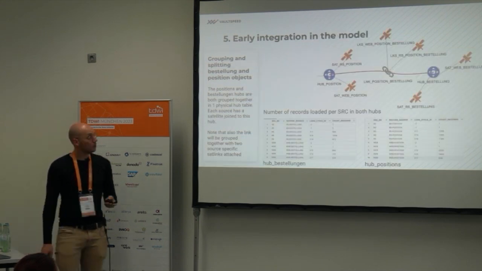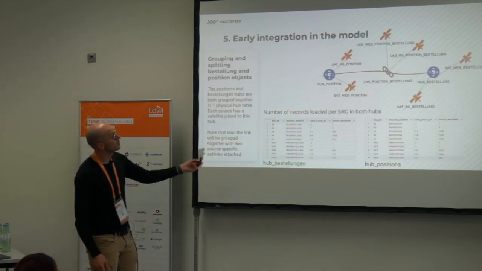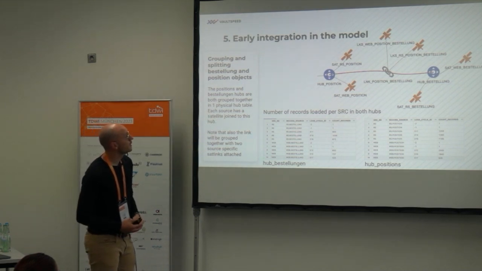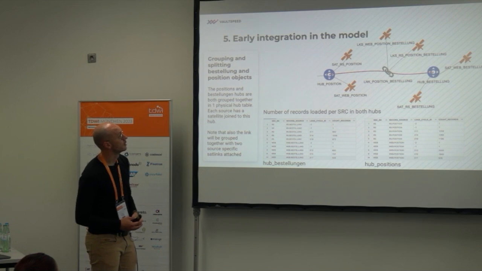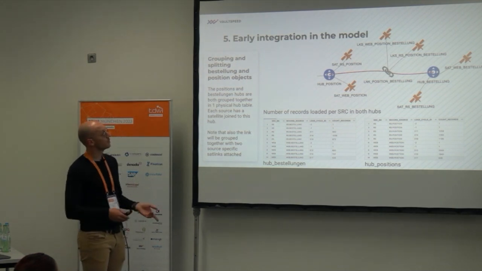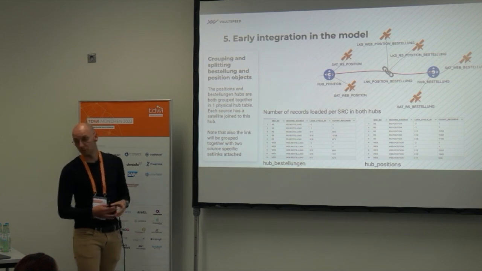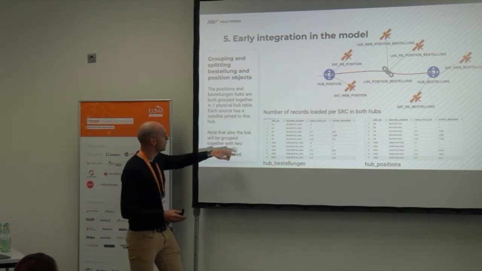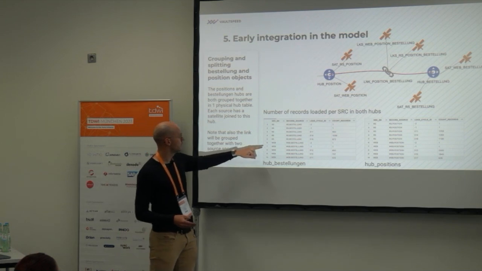So in the data model, what you get is the position, hub orders, a link in between, and two satellites on the link, one for the roadshow source and one for the web shop source, and the same for the hub tables. And then here I try to show in a quick query how that really works.